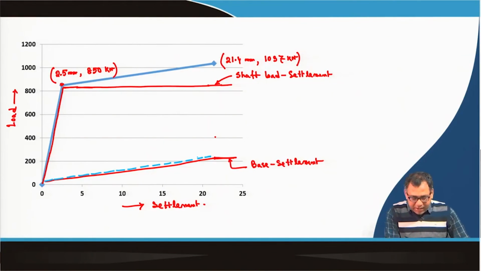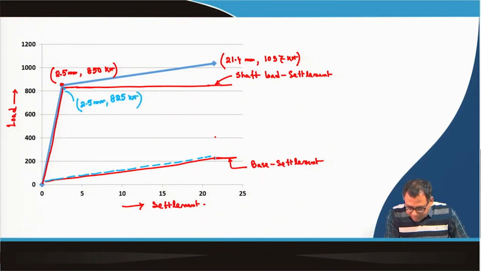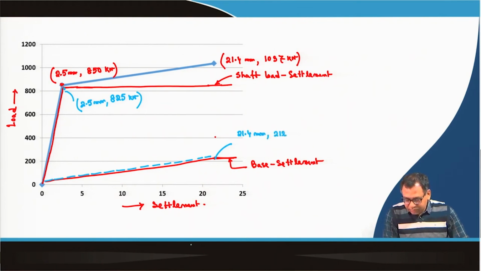So, if I write those values, this coordinate, the value will be 2.5 millimeter and the y axis load will be 825 kilonewton. This coordinate, the values will be again 21.4 millimeter and this is 212 kilonewton.